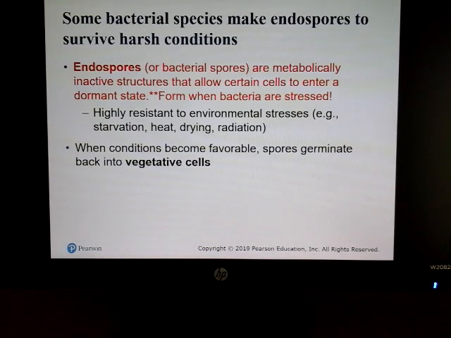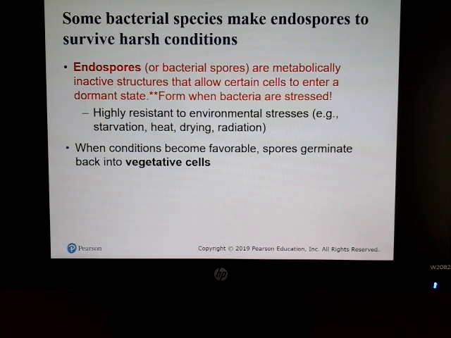Endospores we'll talk a lot about this semester, but please note that they're inactive structures that allow certain cells to enter a dormant state. These will form when bacteria are stressed. Have any of you ever had a patient with C. diff? C. diff is a spore-forming bacteria. Anthrax is a spore-forming bacteria.